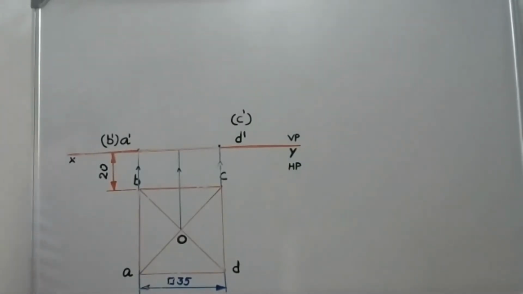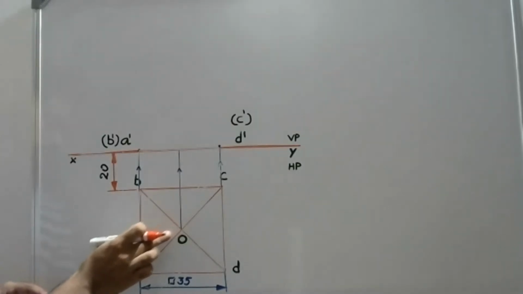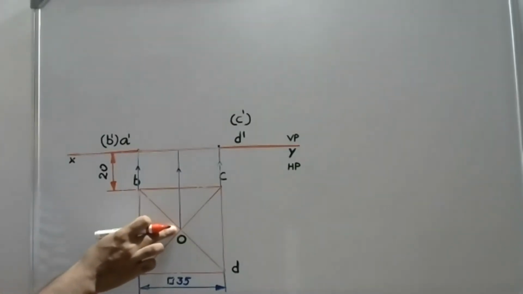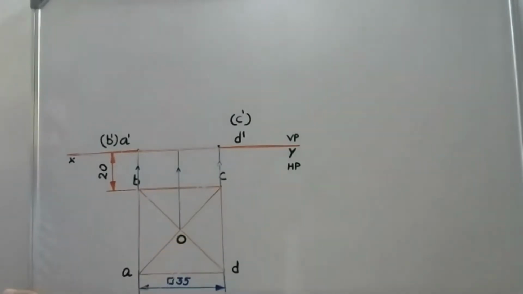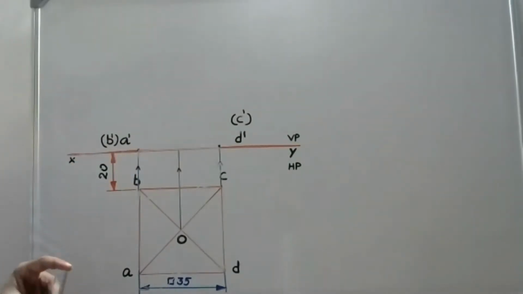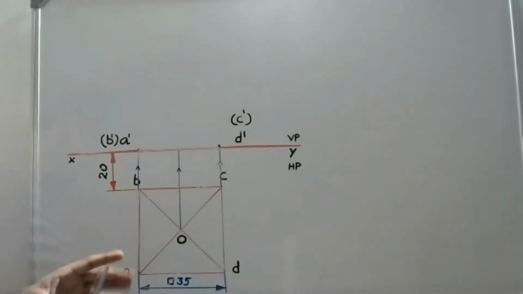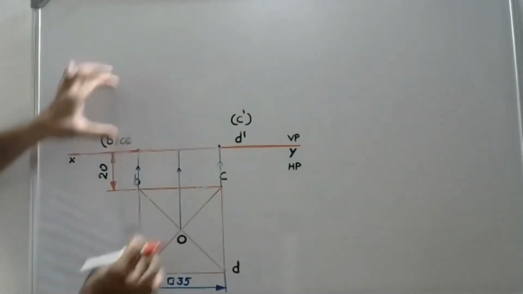Then what is the height of the pyramid here? 60 millimeter. The height or axis connects the apex with the base center. So the base center is here, and the apex is O. Then we have to find O dash. The distance from the base to O dash is 60 mm, and that is the axis of the solid. It is drawn using a 4:1 dimensional chain line.